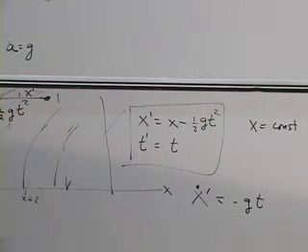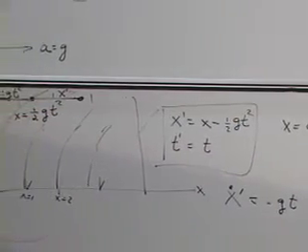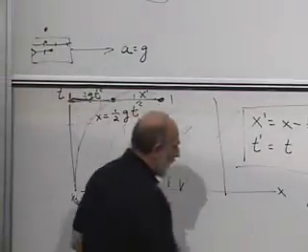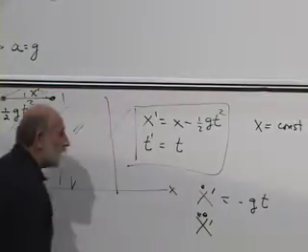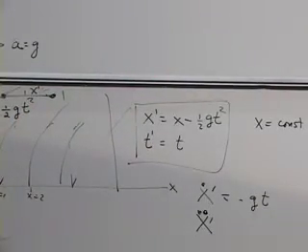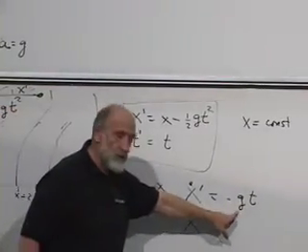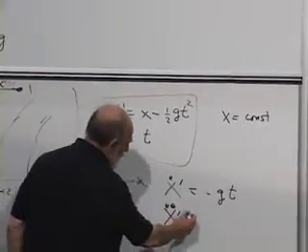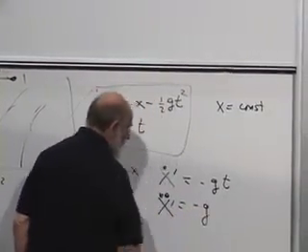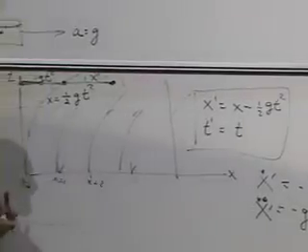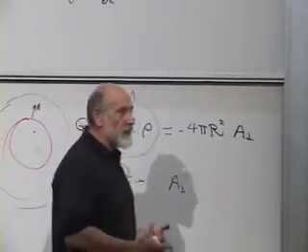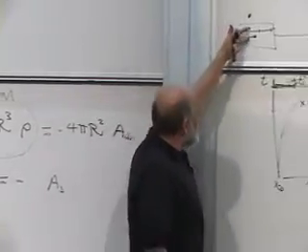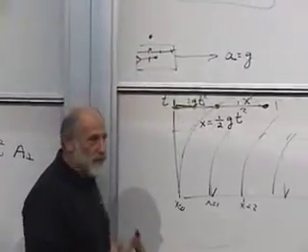But I'm interested in the acceleration that the observer in here sees, so I differentiate it again. x prime double dot, the acceleration seen from inside here. What do I get when I differentiate it once more? Just minus g. This is a mathematical statement of the simple trivial observation that acceleration works the same way as gravity.